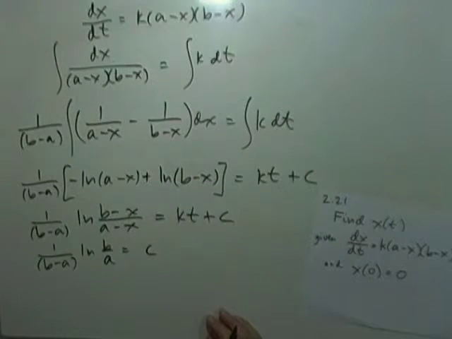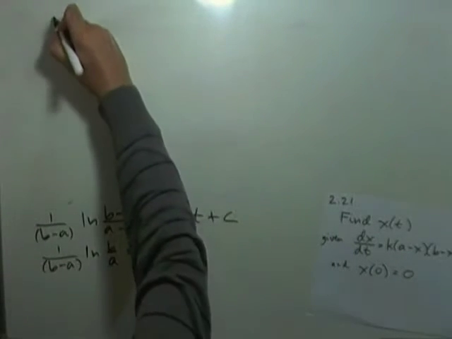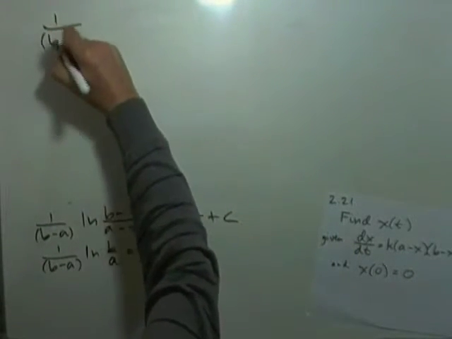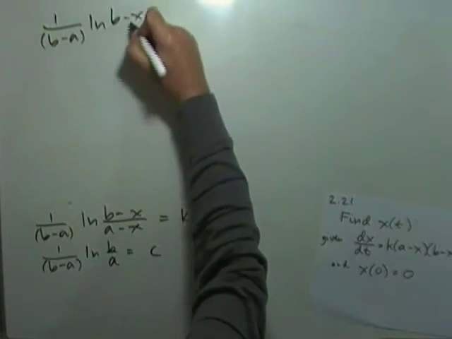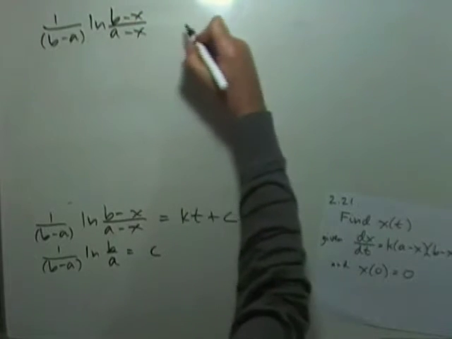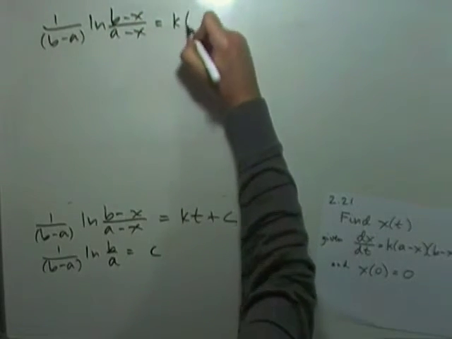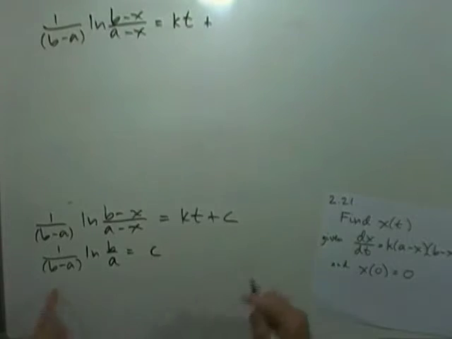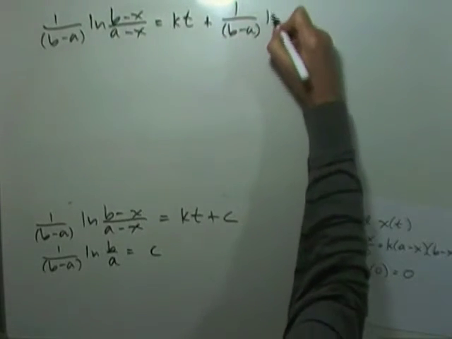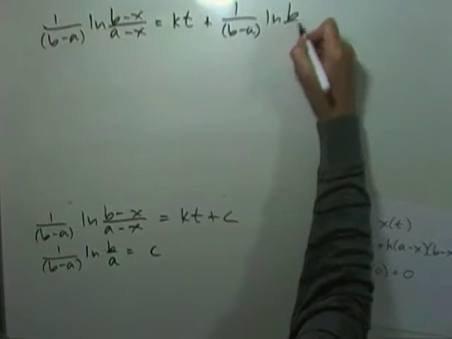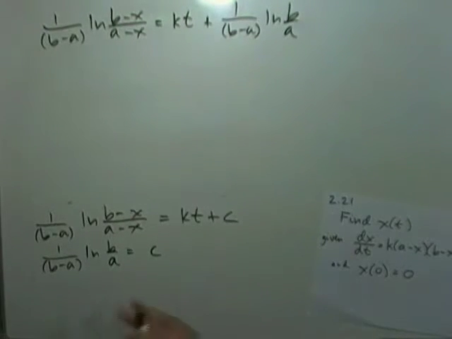So c equals that. So I could put that lot in. I'll have 1 over b minus a ln b minus x over a minus x equals kt plus, and c is equal to this, 1 over b minus a ln b over a.